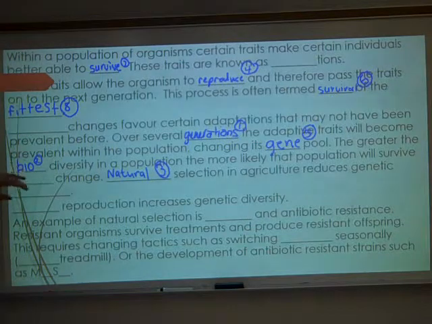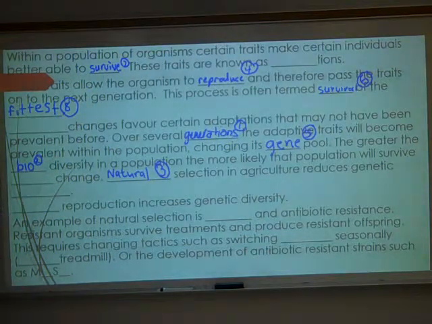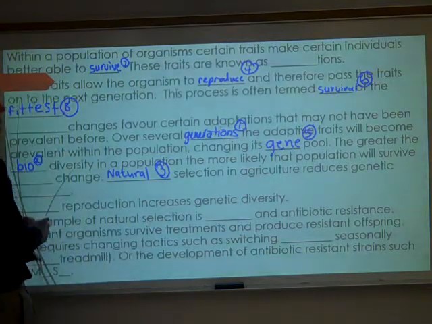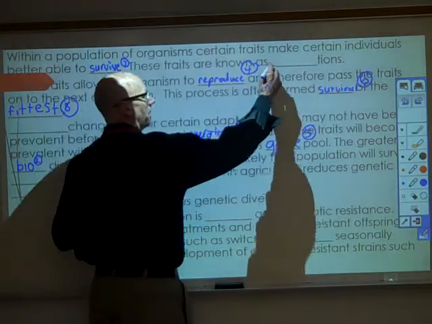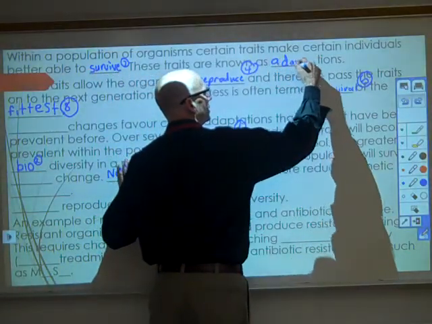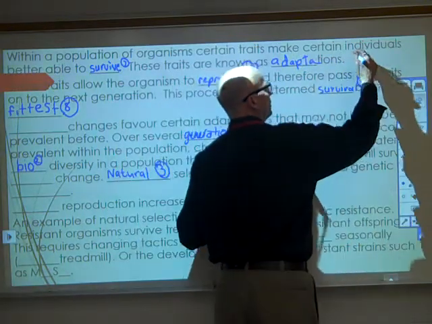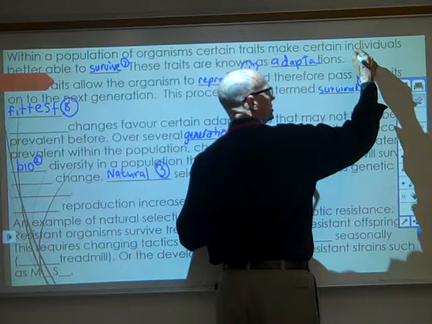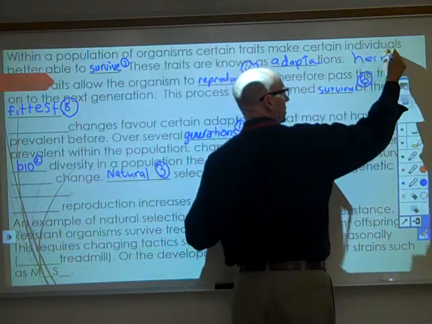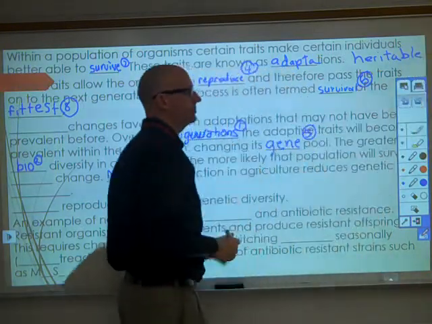So, as it says here, there are certain things that make some organisms better fit to survive in an environment. These properties and characteristics are known as adaptations. And a key property of these that we have to take into consideration when talking about natural selection is that they have to be heritable.